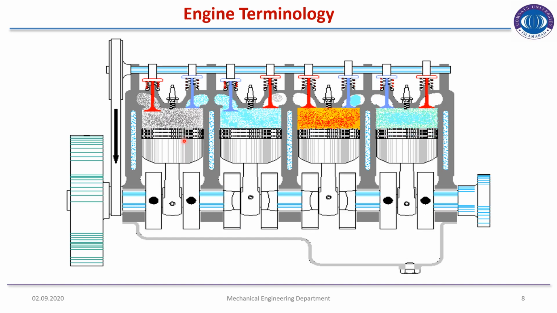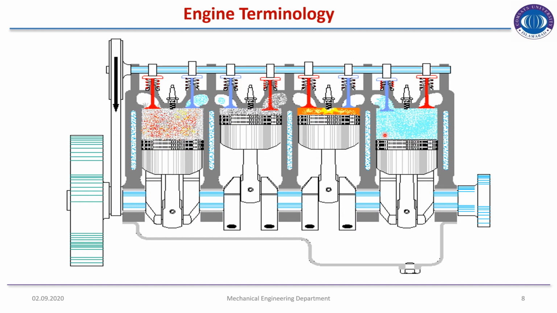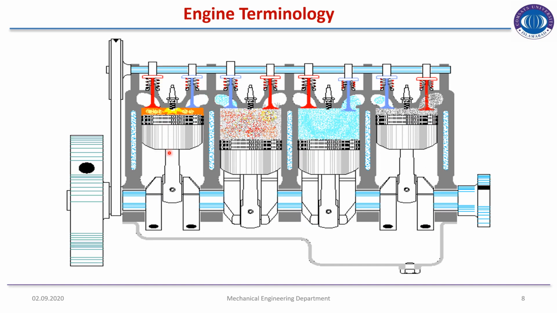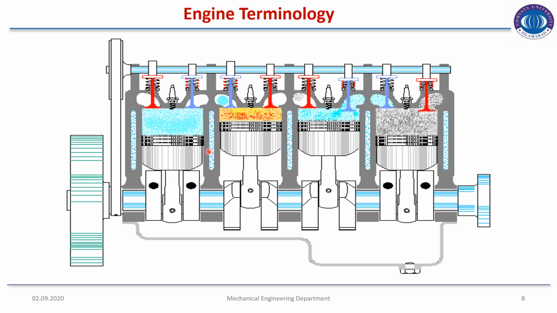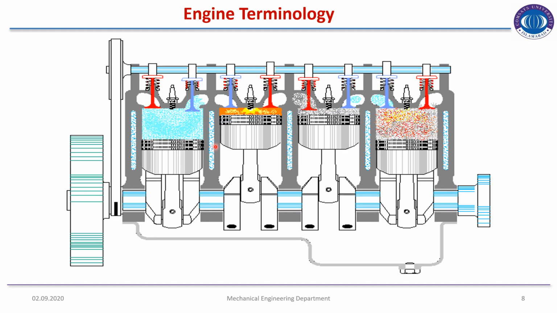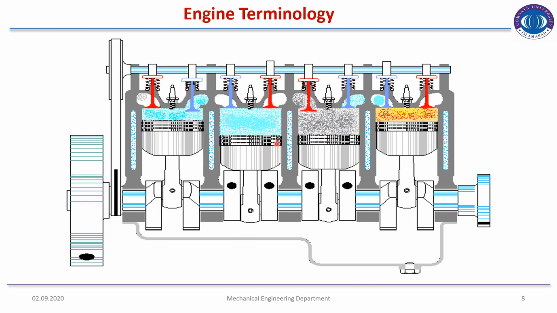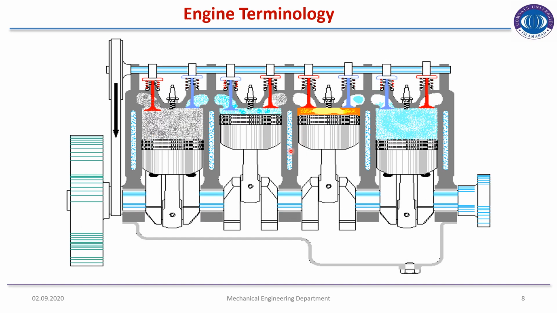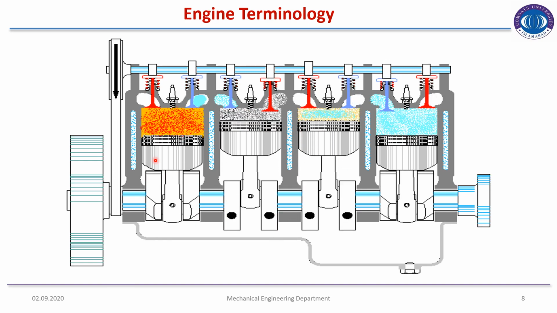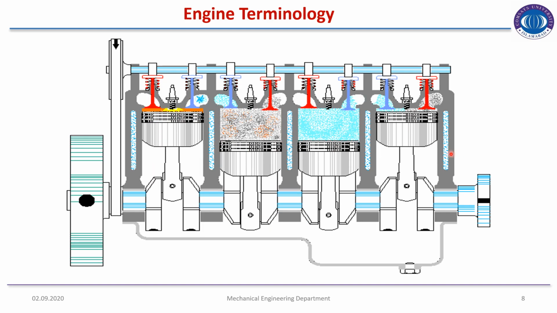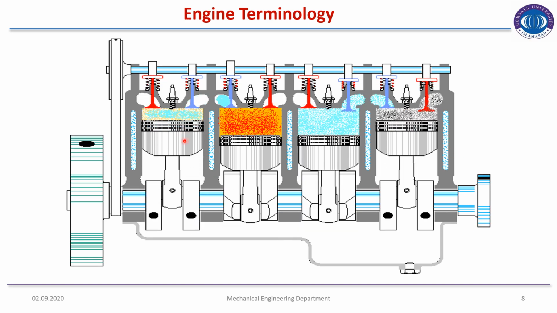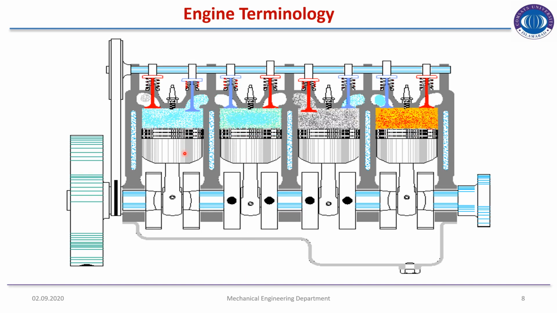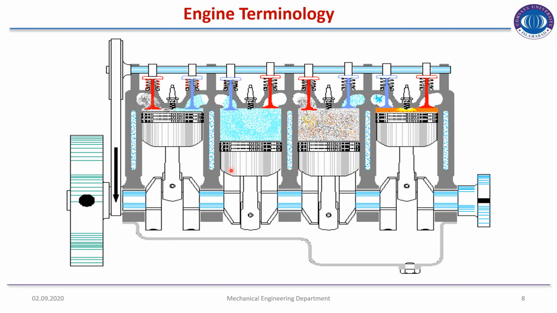In automobiles, these four piston cylinders, as you are seeing, are adjusted in such a manner that they are out of phase. You look that the two of these that are in between are opposite to each other, and first and fourth are opposite to each other. So they are in a phase change.